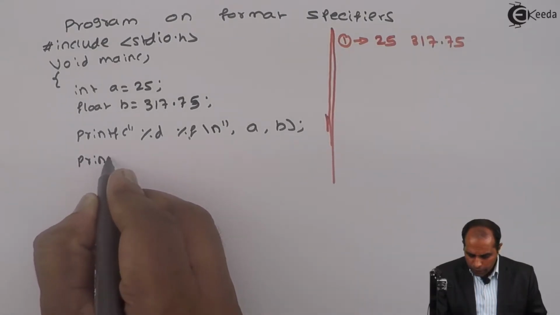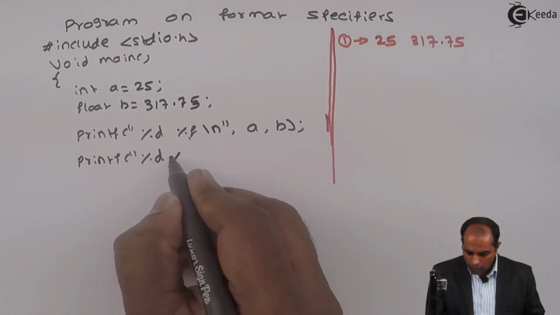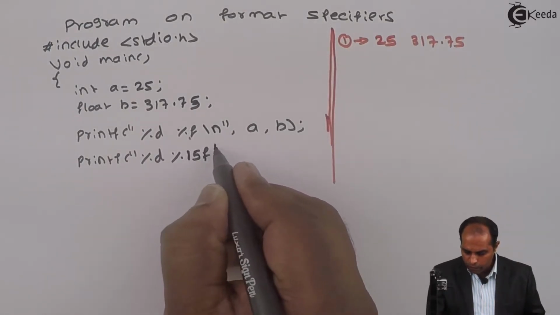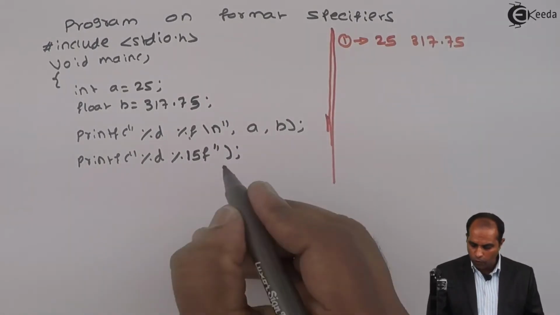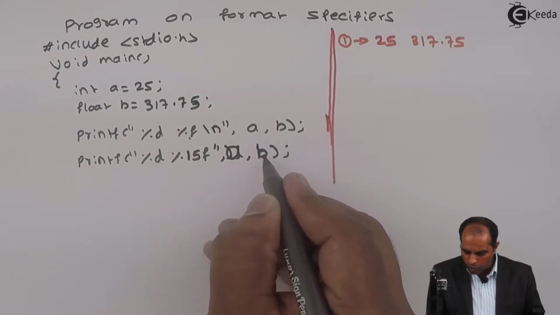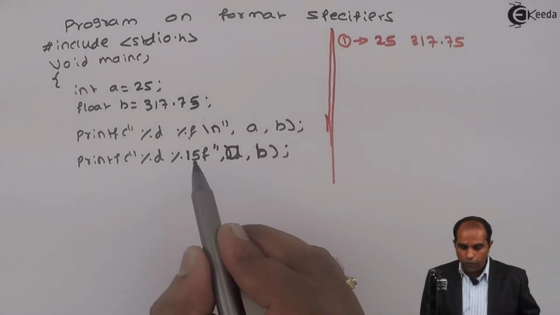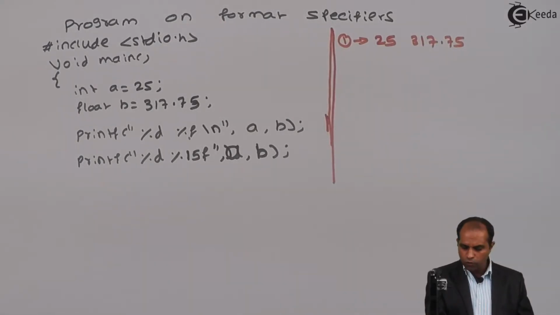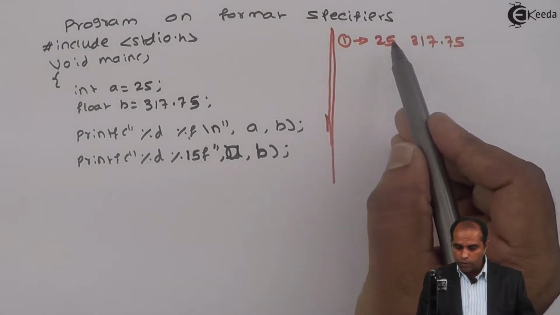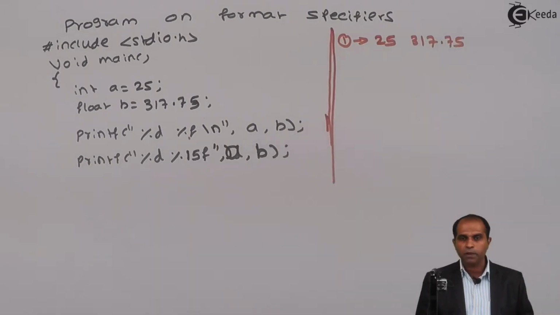Let me say printf, %d, say %15f. Here I am going to apply formatting only for the variable b at this place. Now, when I use formatted output, the specifier %d is used to print the value of a, that is an integer, and %f is to print the value of b.